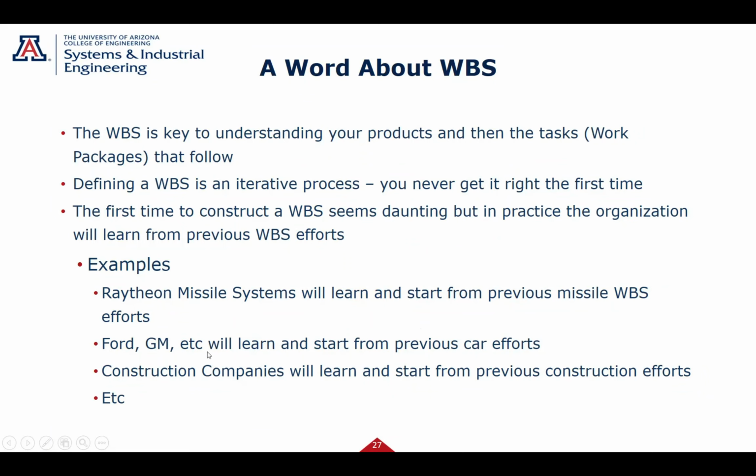GM or some car company is going to have WBSs for previous car efforts. Construction companies, and so forth. So you probably have something to start with in most cases, and now you have to modify it because every project is different. Next, like I said, we'll do a couple of examples on WBS.